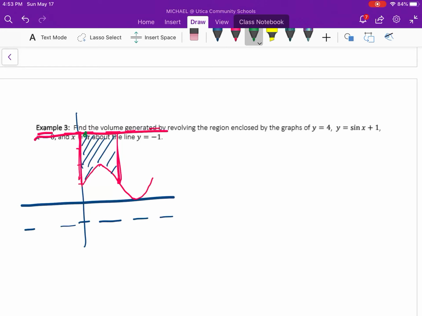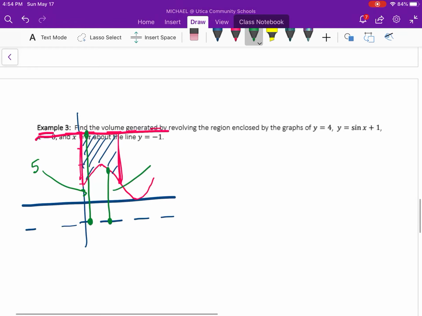All right, so this is our region. So this is my outside distance. This is my inside distance. So my outside distance is always going to be 5. This distance from the x-axis to the top line is 4, and then down to that bottom line is 1, so 5. 4 and 1 always makes 5.